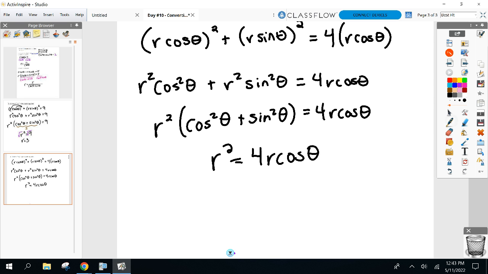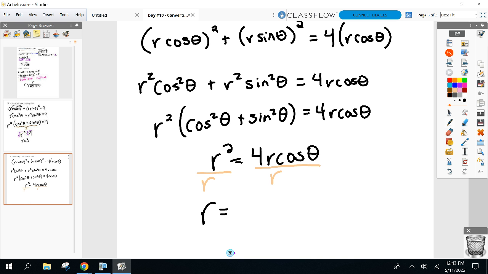Instead of taking the square root, Maddie, what's your suggestion? Divide by R. Take a look. If I divide that by R, what's going to happen? You just get R. Because I got to keep it balanced, I do it on the right side. What's going to happen? 4 cosine theta. Is the R going to cancel out here? Yeah.